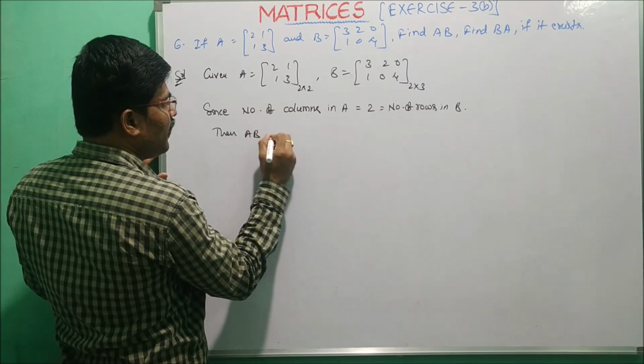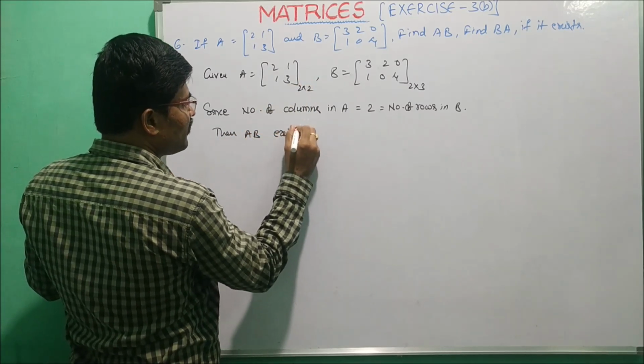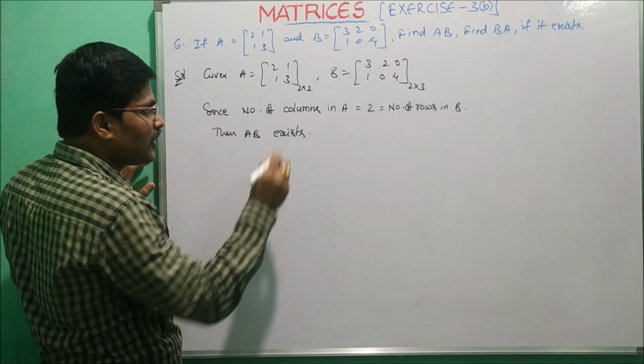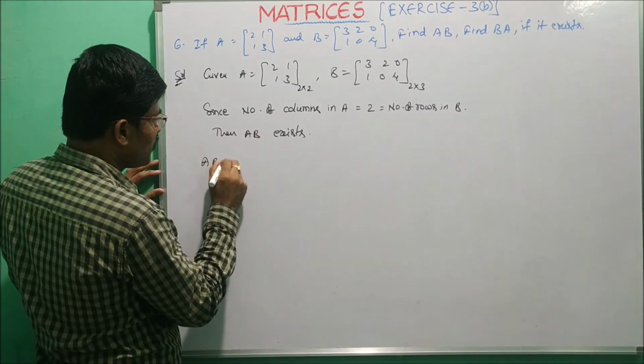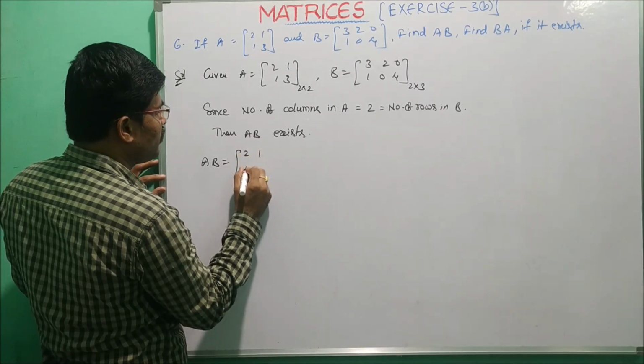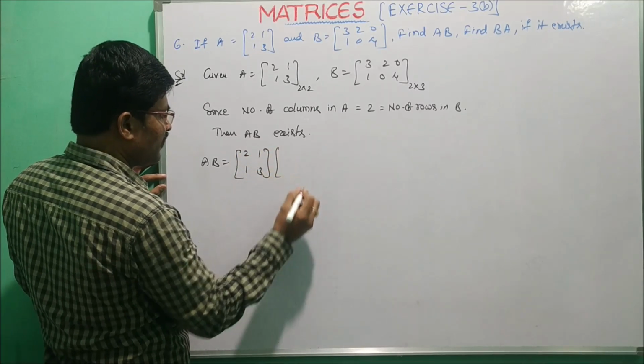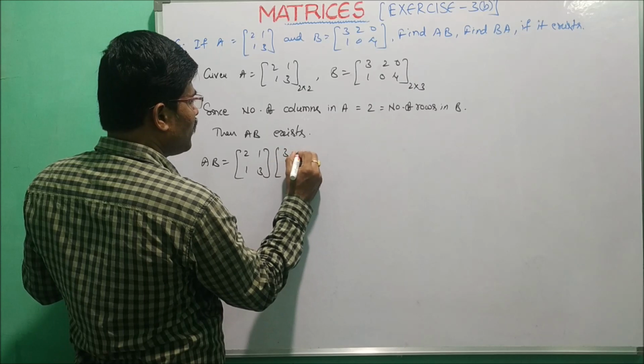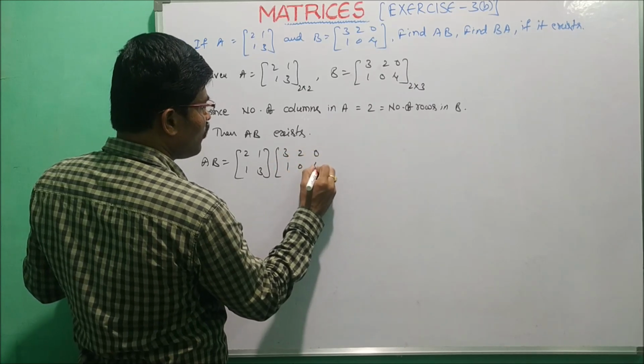Then AB exists. So here to find AB, we write the matrix A, that is 2 1 1 3. Next we write the matrix B, 3 2 0 1 0 4.